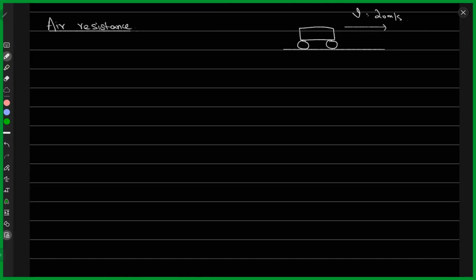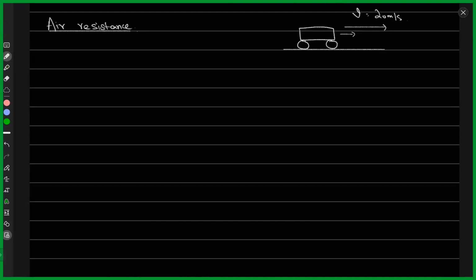And of course, on Earth, we have atmosphere and there is air made up of oxygen, nitrogen, and different elements. So there is some other medium as well. It's not completely empty. It's not vacuum, right? And because there is air, this car is going to be pushing against that air.